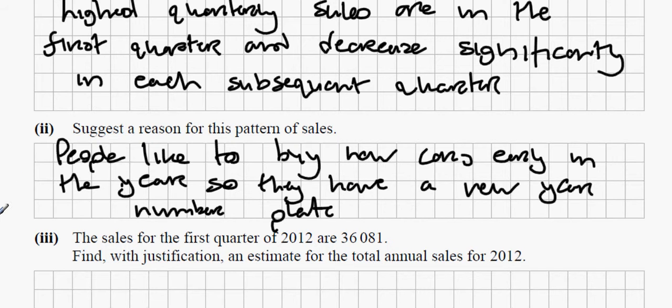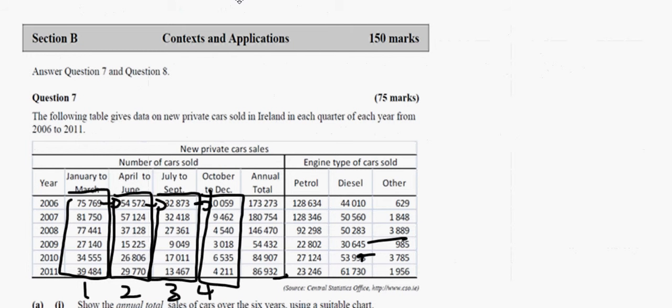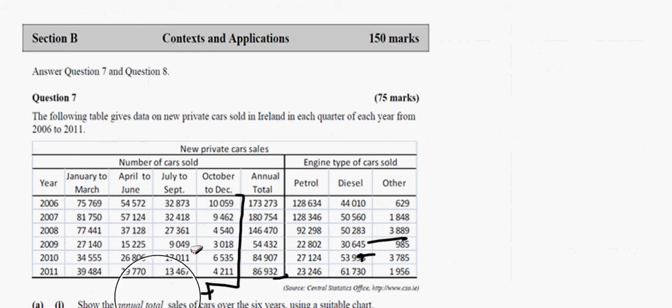Okay. Now, the sales for the first quarter 2012 are 36,081. Find, with justification, an estimate for the total sales for 2012. Okay, so what we need to do is have a look at the first quarter sales and what they're like compared to the overall sales.